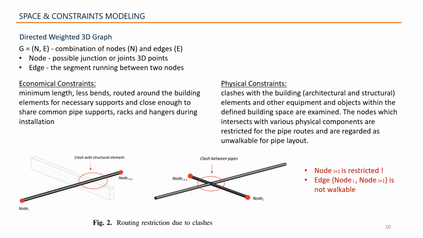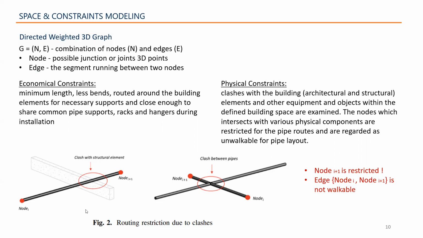For physical constraints, clashes with the building architecture and structural elements and other equipment and objects within the defined building space are exempt. The nodes which intersect with various physical components are restricted for the PEP routes and are regarded as unworkable for PEP layout. So look at this diagram.